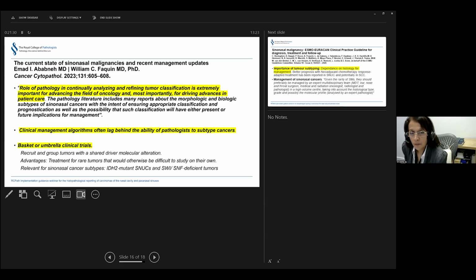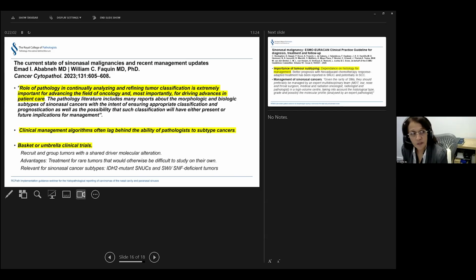And so this slide is an interesting one, which I picked up because it says that the role of pathology is important because we're continuously trying to refine the tumor classification. So this is really important for us to drive advances in patient care. And it also says pathologists are quite ahead of the clinical management algorithms to subtype cancers.